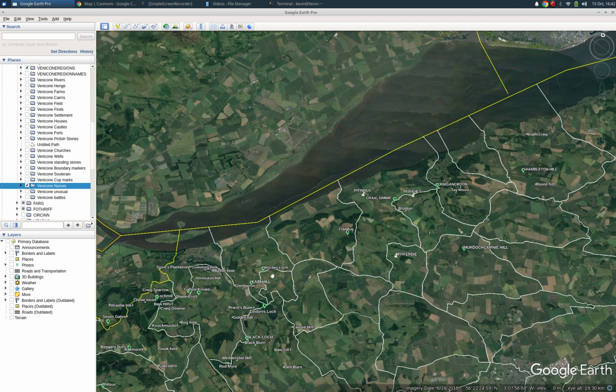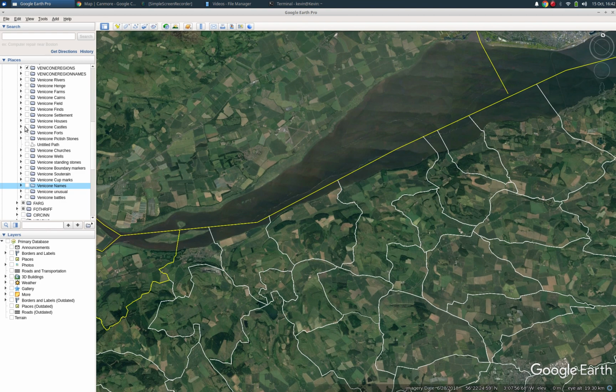The file formats are KMZ or KML, and you can import them into Google Earth Pro. But when I did that, what I found is invariably all of these place names that you can see here, there is already an archaeological data point at those named places. I would say about 90% of all place names in Scotland are covered in some way, form or other by the Canmore database.